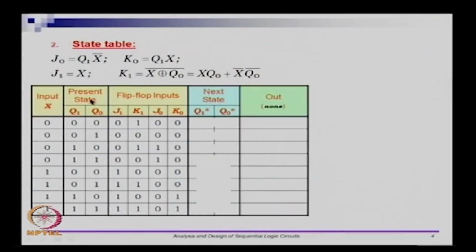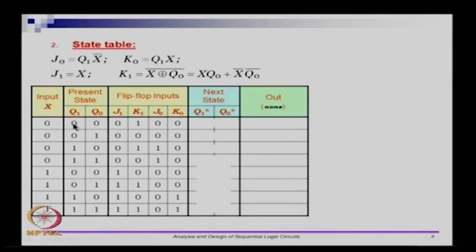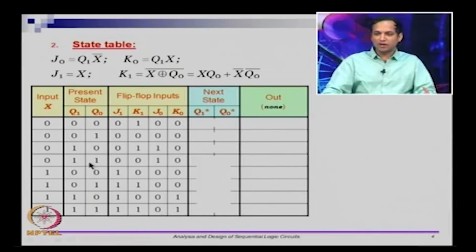So once you have the equations, let us say I have this present state and the inputs. The present states could be 00, 01, 10 or 11, because there are two flip flops, they can be in 4 different combinations, and x equal to 0 and x equal to 1 are two combinations of x. So overall from the input side we have x, q1 and q0.